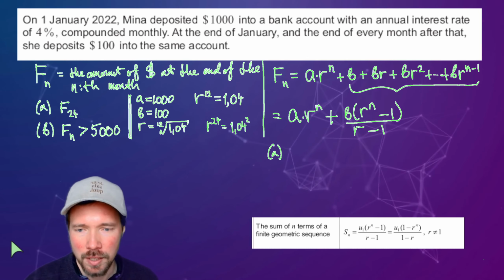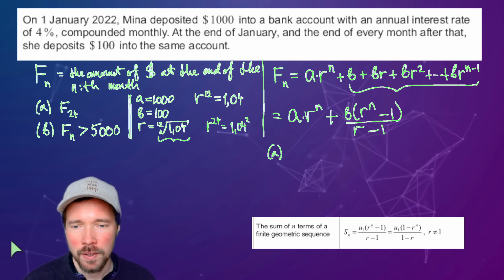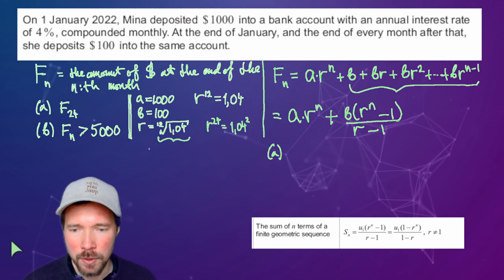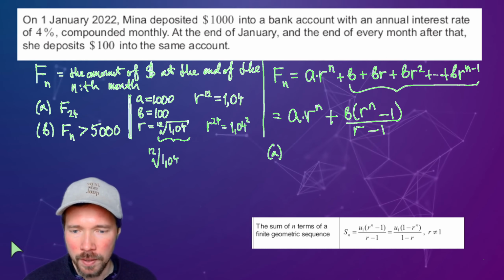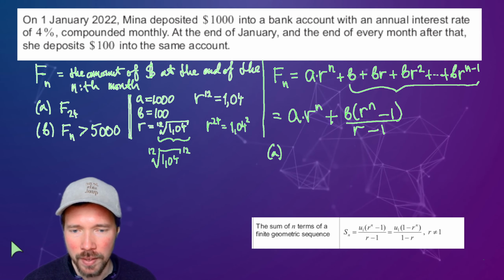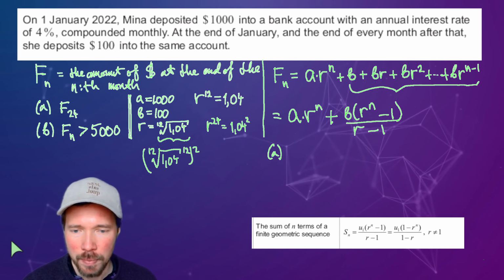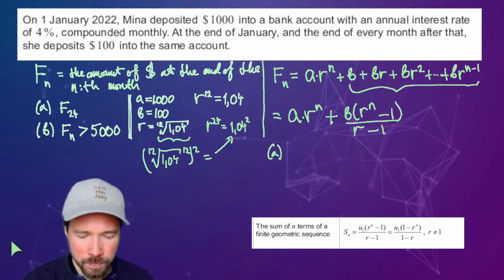You can also see it from here: if you raise this to the power 24, then 24 is 2 times 12, so the 12th root of something to the power 24 is the same as this to the power 12 and then power 2, and now the 12th power cancels the root, so it's just this. Okay, very good.